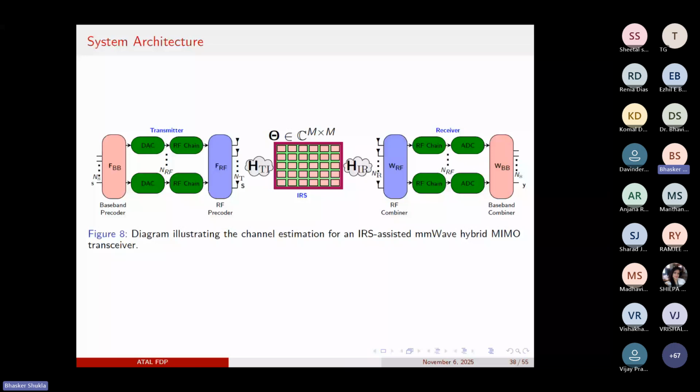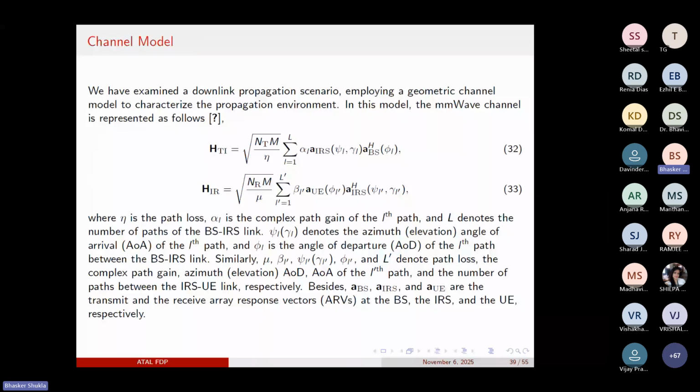So in this system model, this is again the far field model, and here HTI is the channel between the IRS and the transmitter side, and HIR is the channel between receiver and IRS, that is given by this relation, that is a geometric path model.